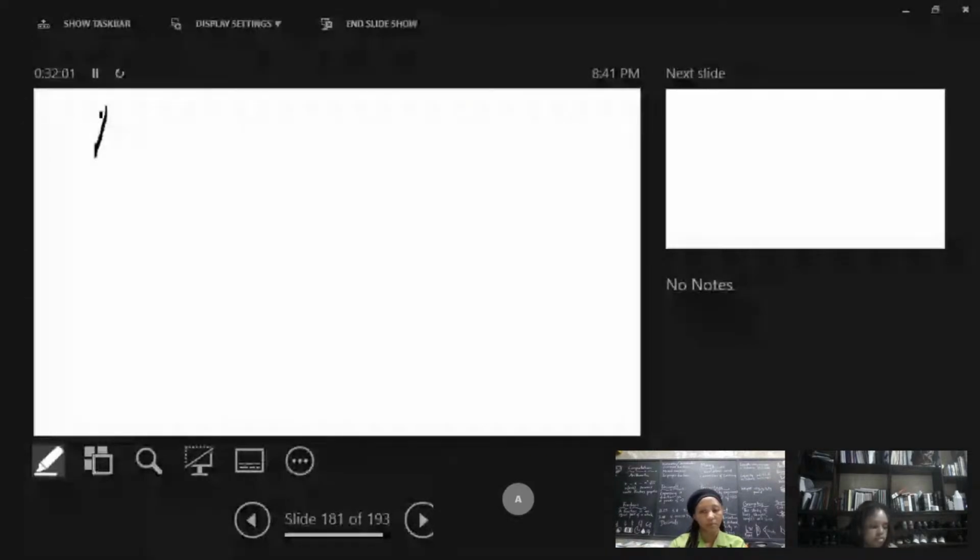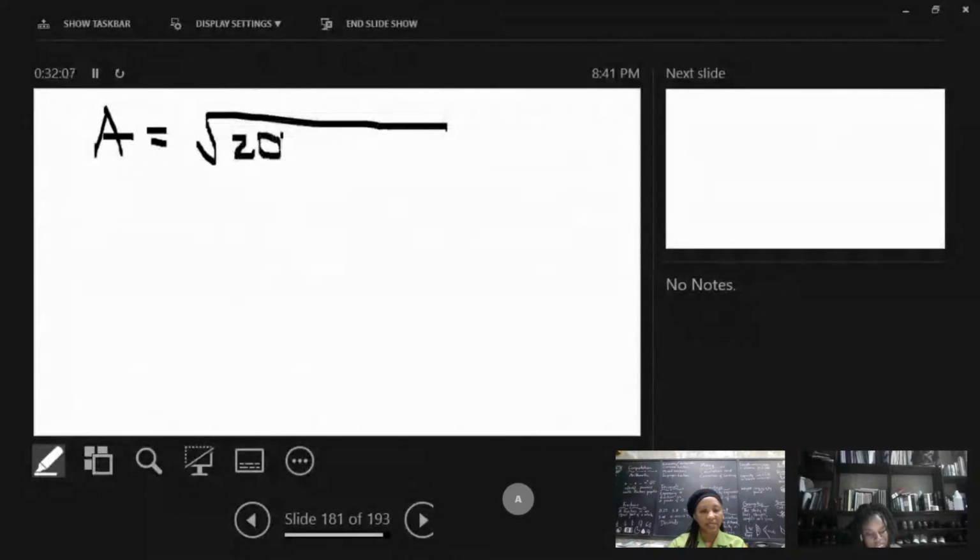It's 2067.19. And the square root of that is 45.47.